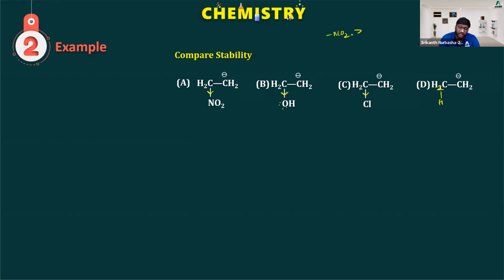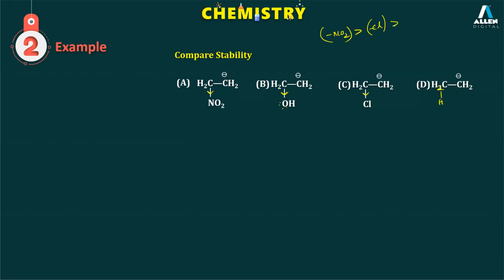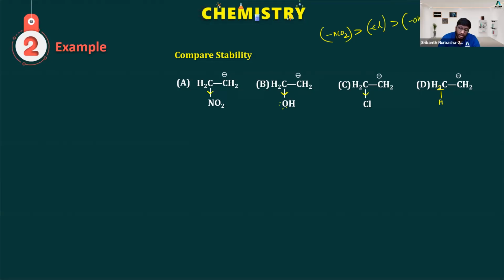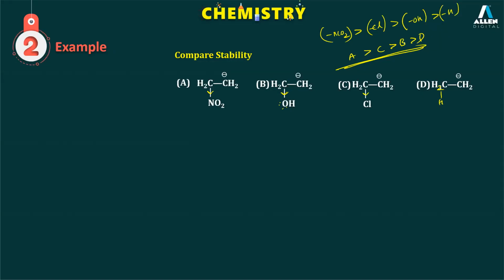NO2 is going to be the greatest electron withdrawing group, then chlorine, then OH, then hydrogen. If we have an electron withdrawing group, negative charge is decreased. Negative charge decreased means stability is increased. So A will have greater stability, then C, then B, and then D. A, C, B, D. Is that clear? Yes.